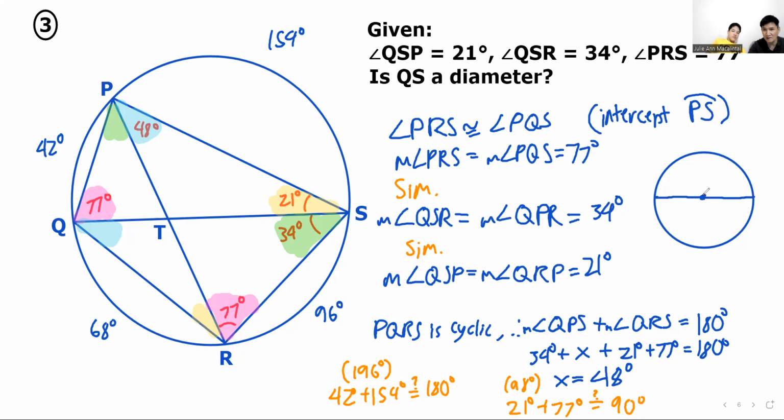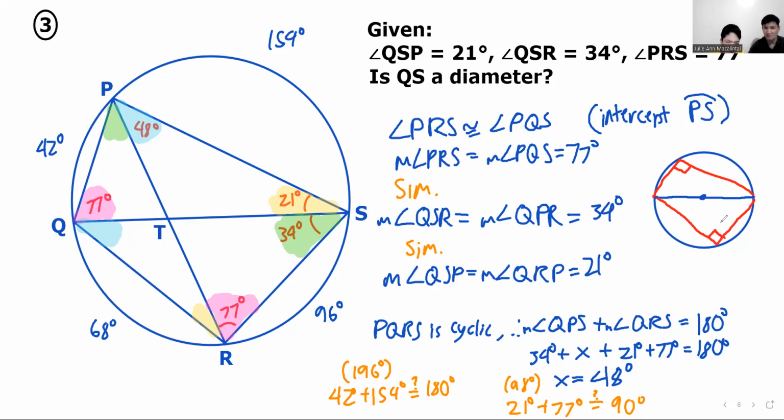If this line is a diameter, any inscribed angle within the semicircle should be equal to 90 degrees, because it's a straight angle, and the inscribed angle is one half of the straight angle. The other side should also be 90 degrees.